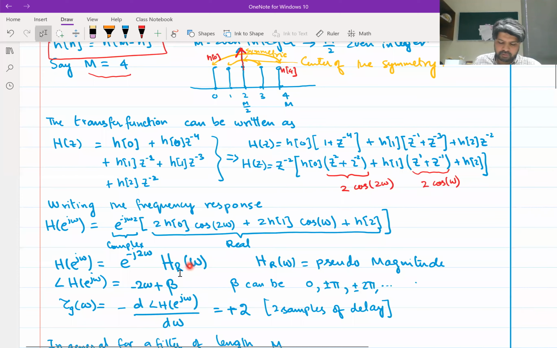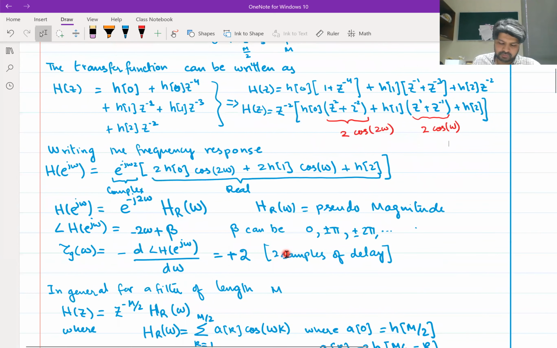And hence we call it a pseudo magnitude. hr of omega is a pseudo magnitude multiplied with e to the power minus j 2 omega. So this is a unit magnitude function e to the power minus j 2 omega. इसका mod 1 है, तो जो mod है वो hr of omega से ही हमें मिलेगा, ठीक है? लेकिन हम इसको pseudo magnitude इसलिए कहते हैं कि it can have variations of plus minus pi, ठीक है? तो exactly magnitude response नहीं होता ये, ठीक है?